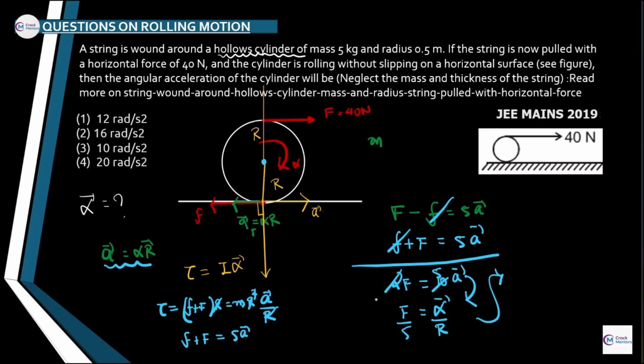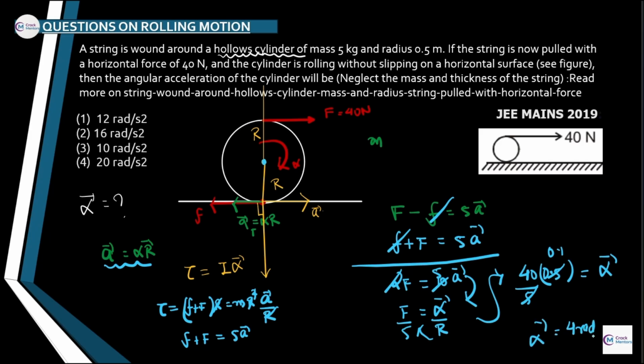Force F is 40 upon 5, and the radius is 0.5, as we can see from above. Then it is 0.1, and alpha is going to be 4 radian per second.